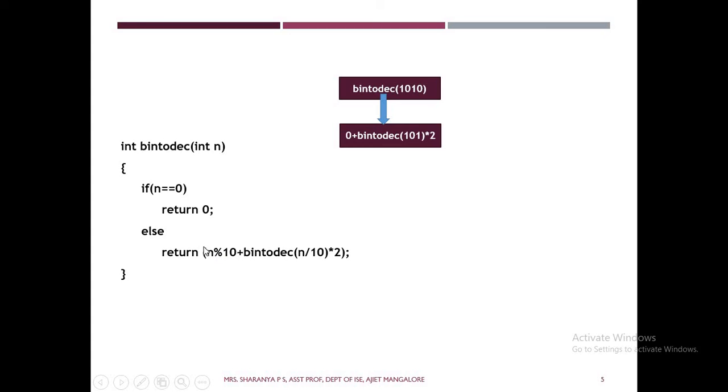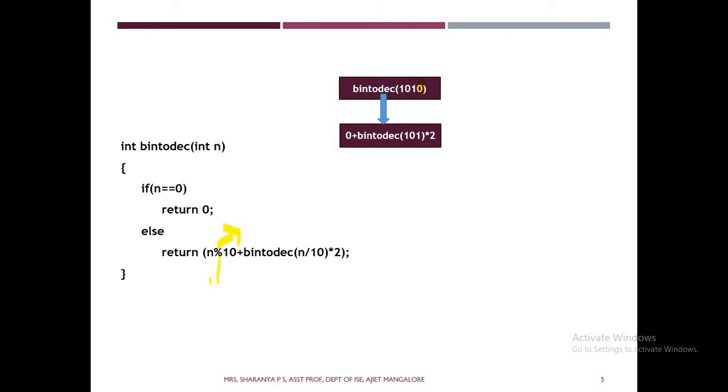And what is present in the else part? First, we check n mod 10. What is the purpose of n mod 10? It will return the last digit, which here is nothing but 0.